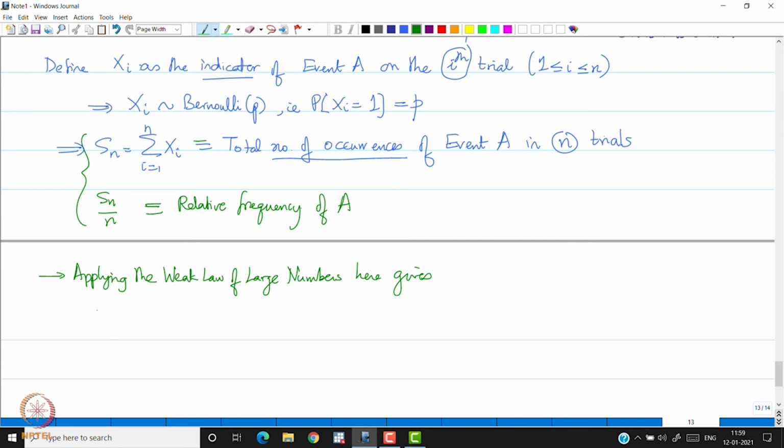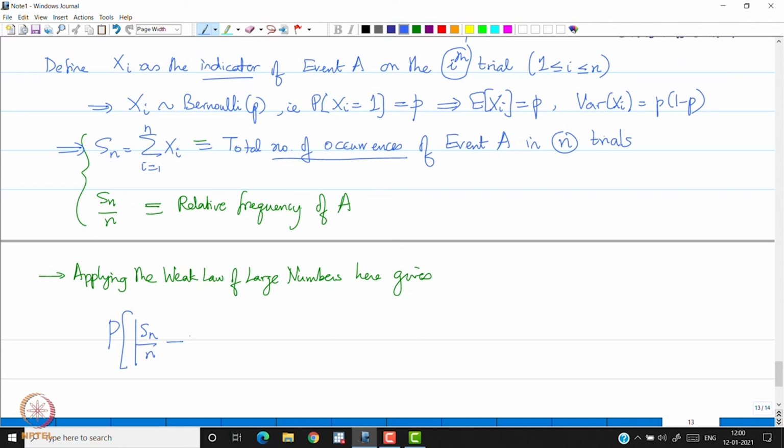Okay, what does it give? It says the probability, let me change the color here. The probability that Sn by n, now what is the expected value of xi? It is basically equal to small p, and the variance of xi is basically p into 1 minus p. This we know from the Bernoulli PMF.